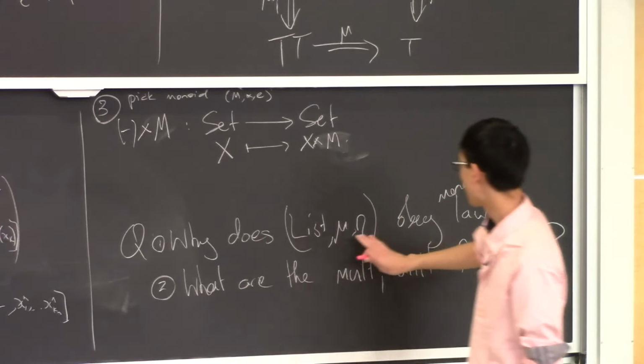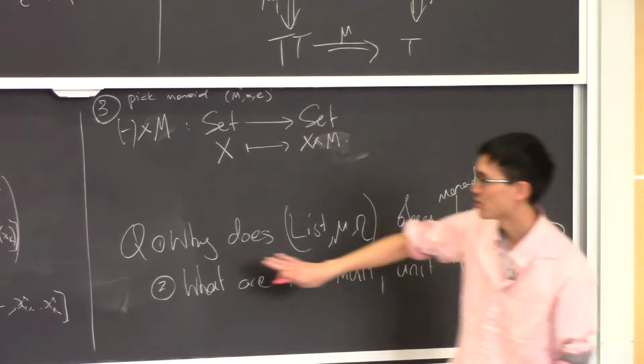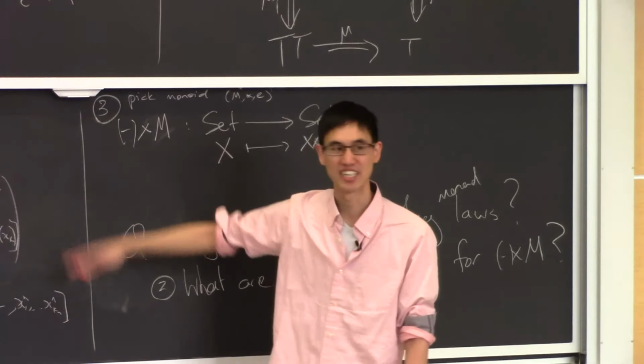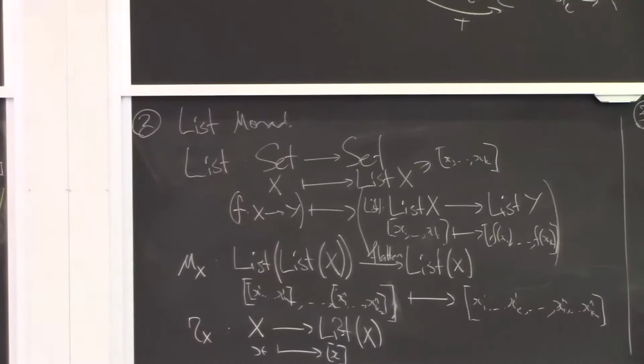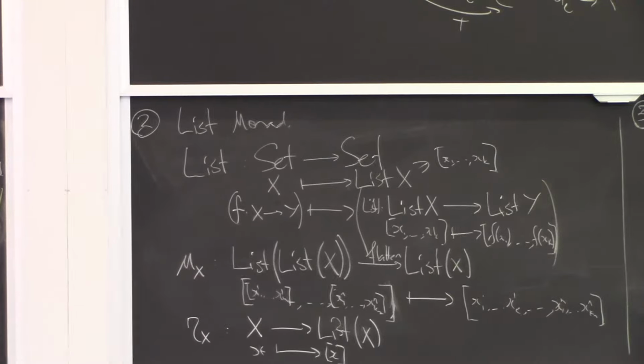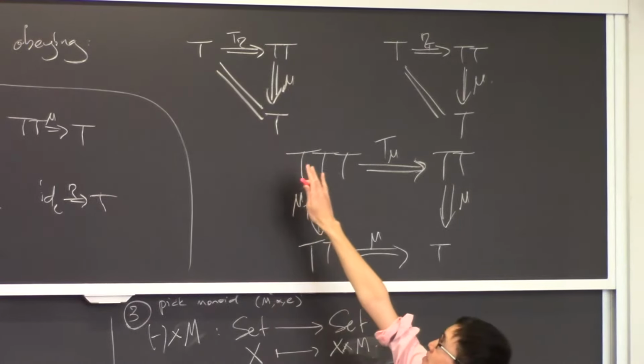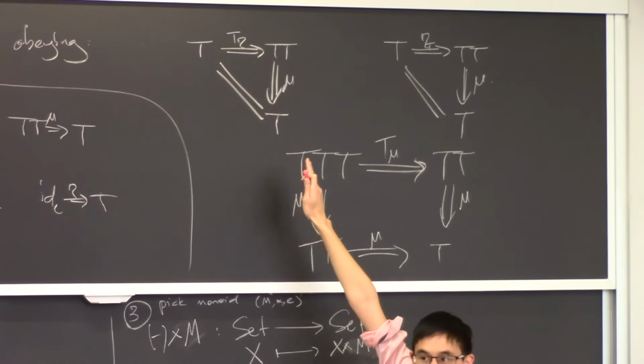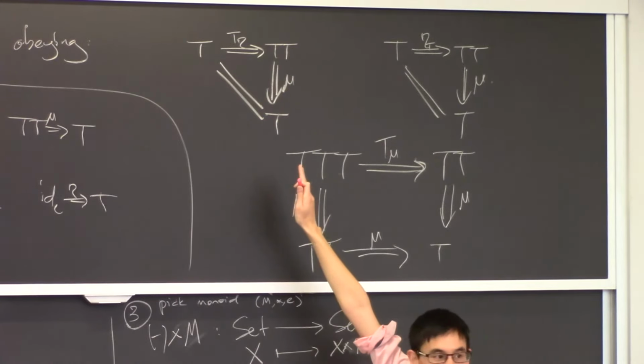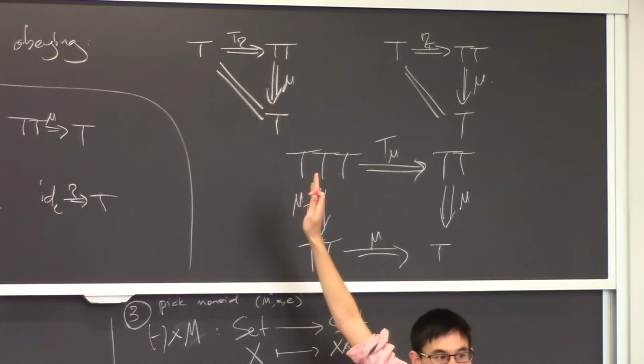So let's just answer this question first. So why should this list monad behave according to the monad laws? Does anyone want to say, for example, we will just go in order. What does this law say? So what is then T eta? I think for each element of the list.